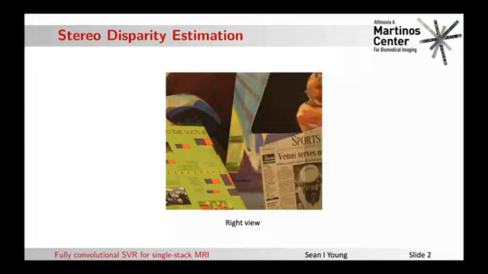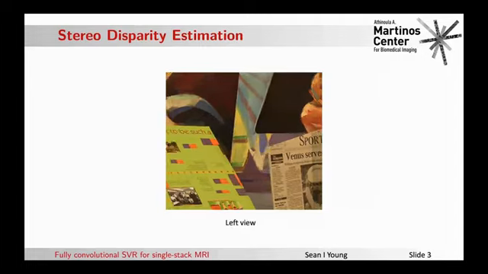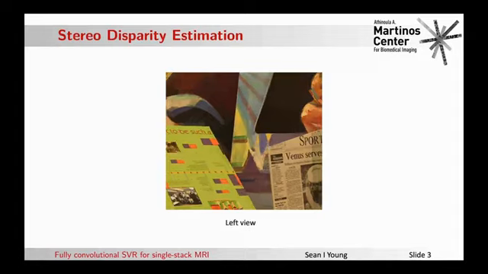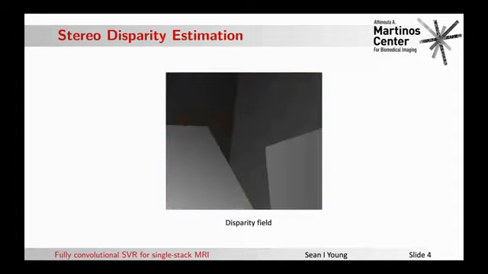As a computer vision person, what better example is there than stereo disparity estimation? In computer vision, there's this thing called stereo disparity estimation, where you're tasked with estimating the depth map given two views of the same scene. If I go back and forth between the right and left views, this is what it looks like. From those two views you can estimate a disparity field, which is one depth field like this.